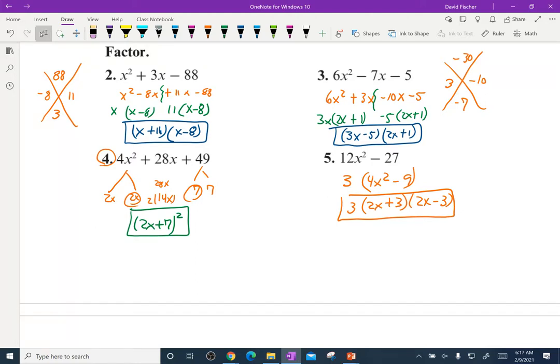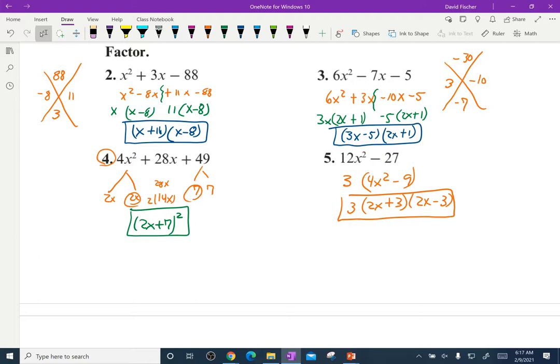I might have factored out a 2x. No, just a 2 we could have factored out all the way across. No, because 2 doesn't go into 49. If you just factored it using the x method, you'd probably still come up with the same thing. But you should have had two of them, a 2x plus 7 times a 2x plus 7, which yesterday we talked about is a 2x plus 7 squared.